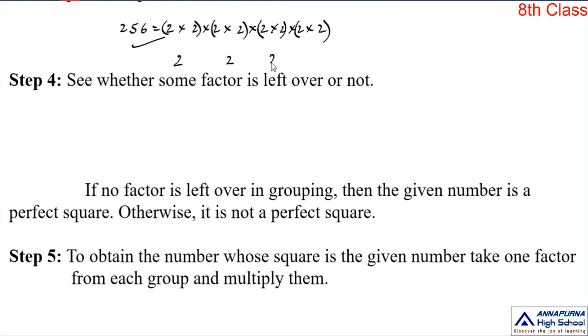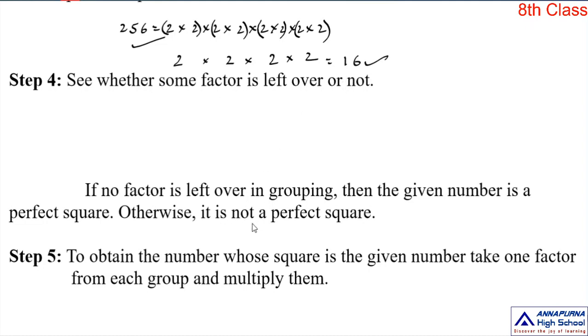From the third group one factor, from the fourth group one factor, and multiply them. 2 into 2 into 2 into 2 is equal to 16. That means this 256 is the square of 16. Is it clear?